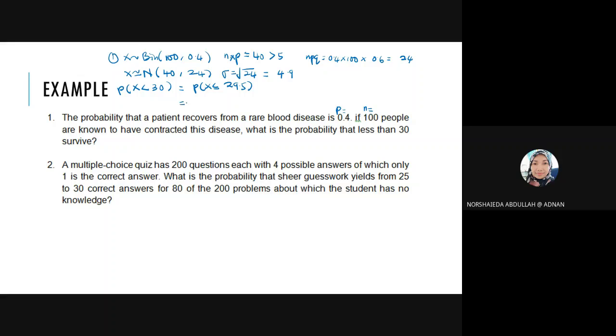After we have done the continuity correction, then we convert X to Z. Z equals 29.5 minus mean over standard deviation 4.9. So probability Z less than negative 2.14.